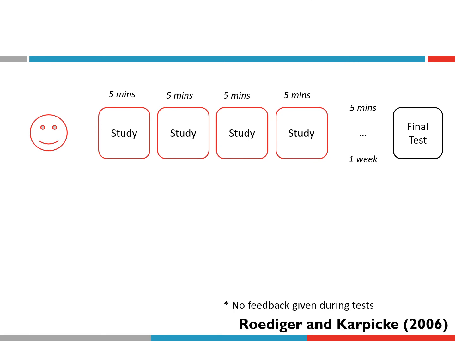If you were a participant in this experiment, you could have been placed in two different groups. The first group would be handed the passage, and they would read that passage over and over again for 5 minutes.